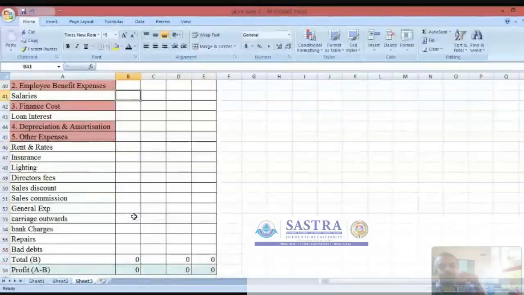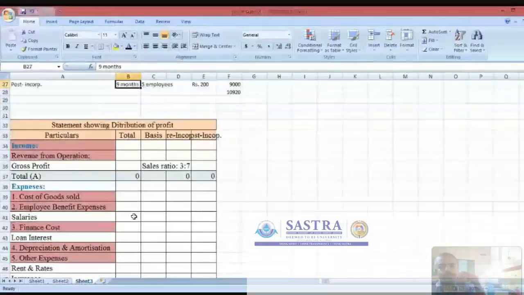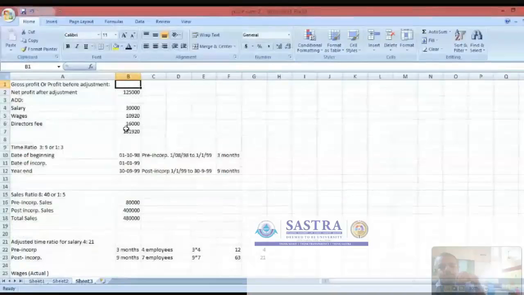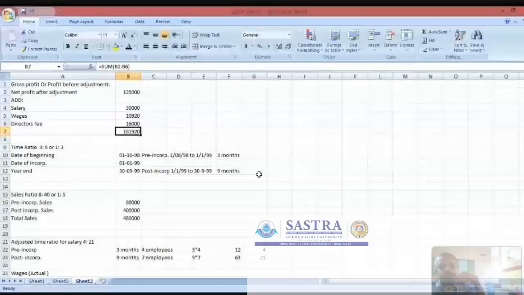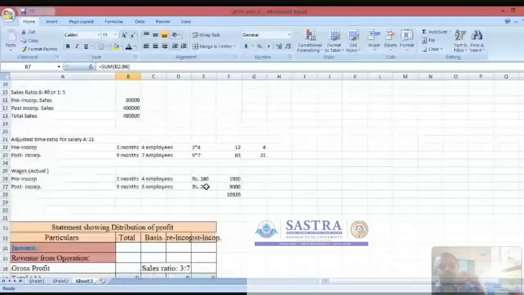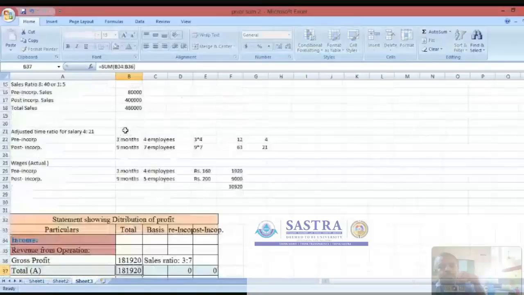Okay. Now let's go one by one. Gross profit we already calculated. How much is the gross profit? That is unadjusted profit, 1,81,920. Okay. Gross profit 1,81,920. Then sales ratio.